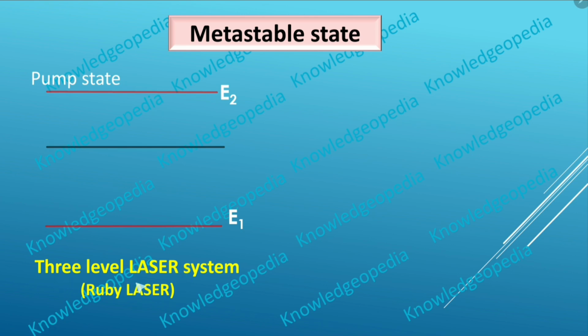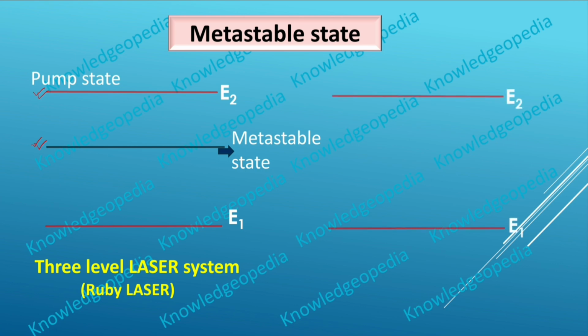Basically, this is called a 3-level laser system because in the process of lasing we have 3 energy levels involved in the lasing action. Here, the lifetime of the atoms at this state is very large as compared to the lifetime at this excited state, and hence this one is known as the metastable state.